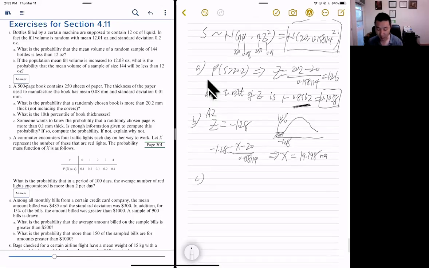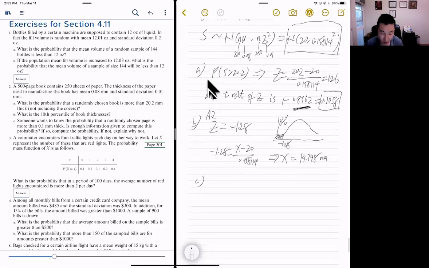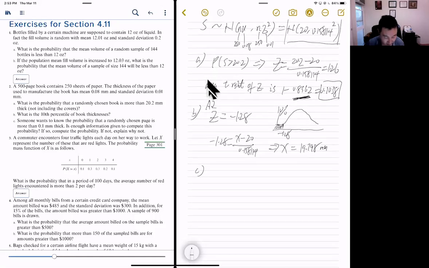Why can we use the normal distribution in parts A and B, though? Because there we care about the total thickness of 250 pages, which follows a normal distribution. However, for a single page, we do not know whether the thickness is normally distributed or not. So there is not enough information to calculate this probability. The answer is no.